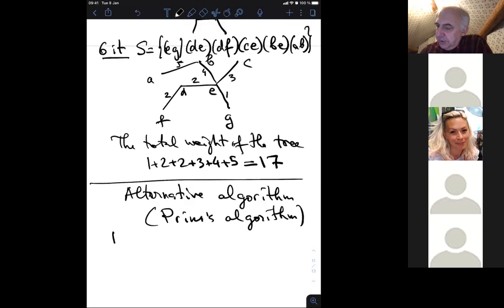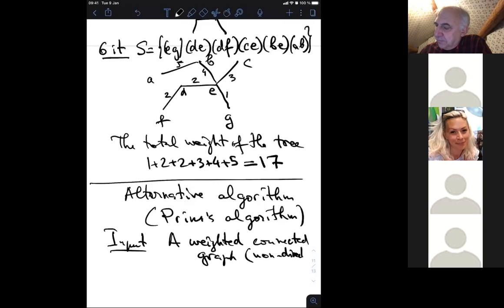So again, the input is a weighted connected graph, non-directed. And the output is a minimal spanning tree. Okay.